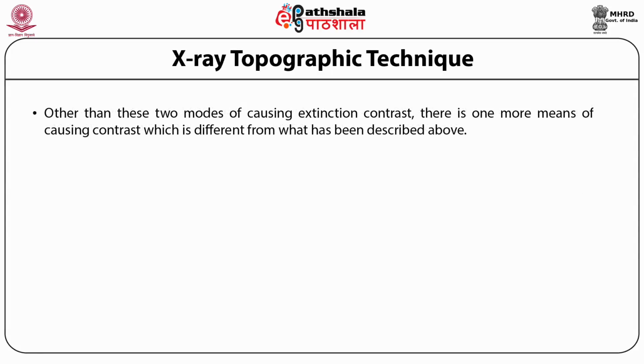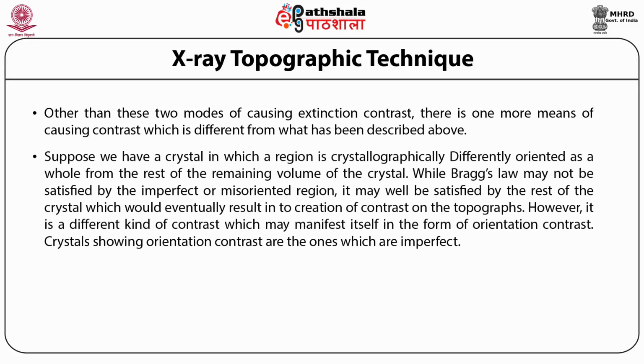Other than these two modes of causing extinction contrast, there is one more means of causing contrast which is different from what has been described above. Suppose we have a crystal in which a region is crystallographically differently oriented as a whole from the remaining volume of the crystal.